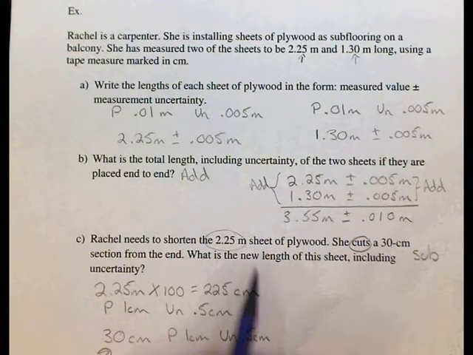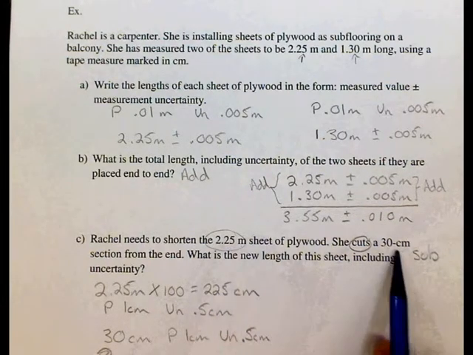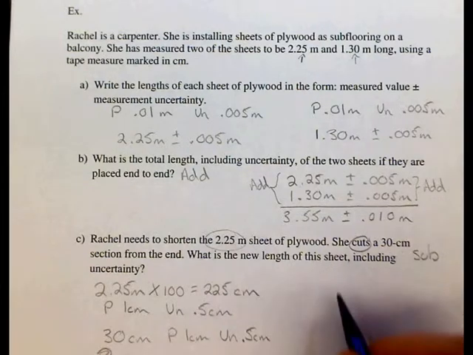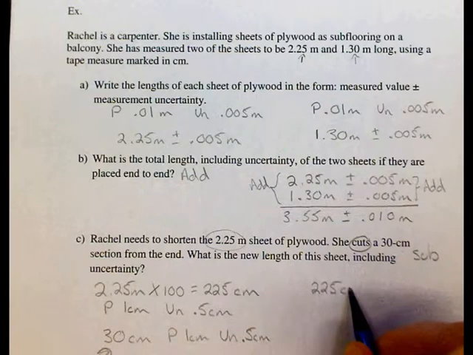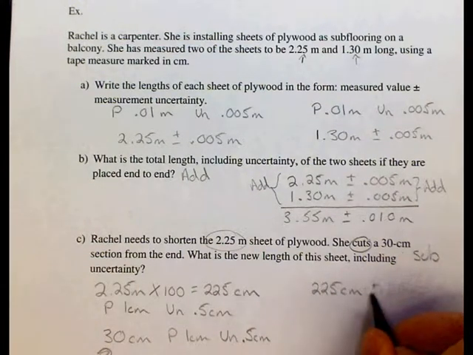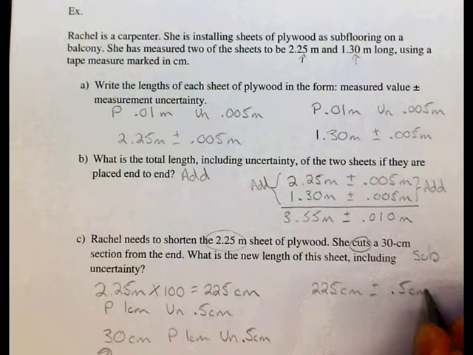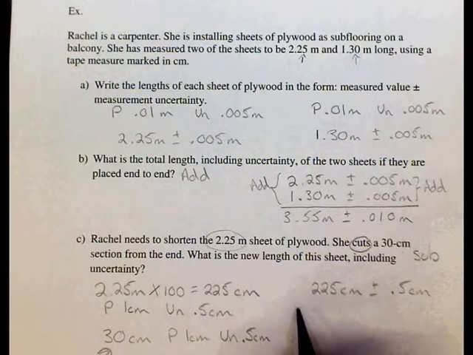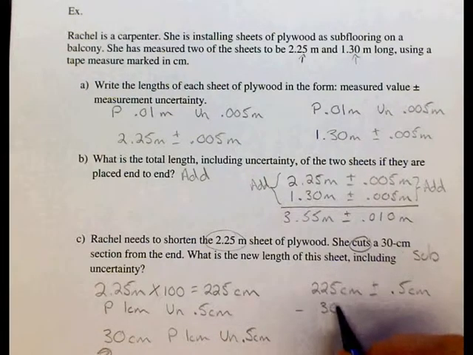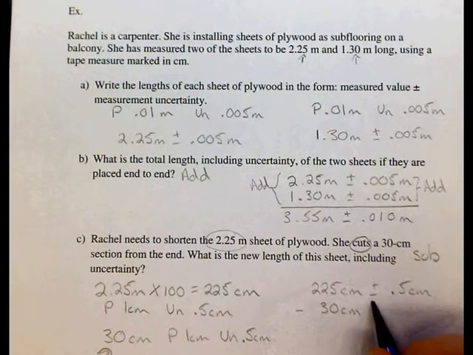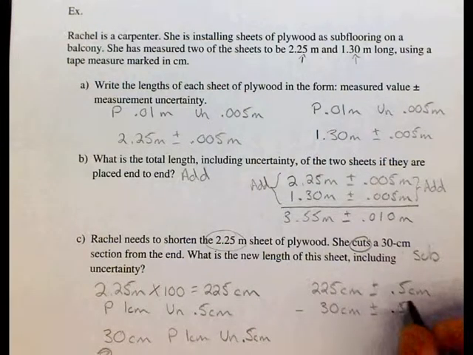So I'm going to take the larger piece and subtract the smaller piece. So I've got 225 centimeters plus or minus my uncertainty of 0.5 centimeters. I'm going to subtract my shorter piece, which is 30 centimeters, plus or minus my uncertainty, which is 0.5 centimeters.